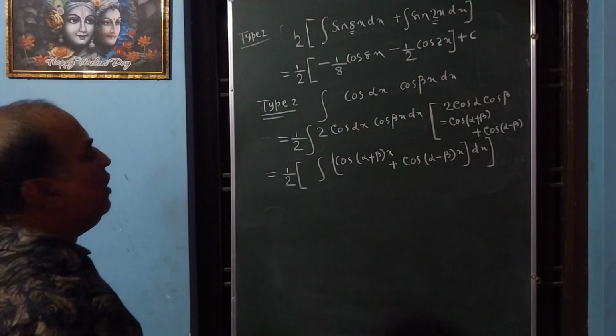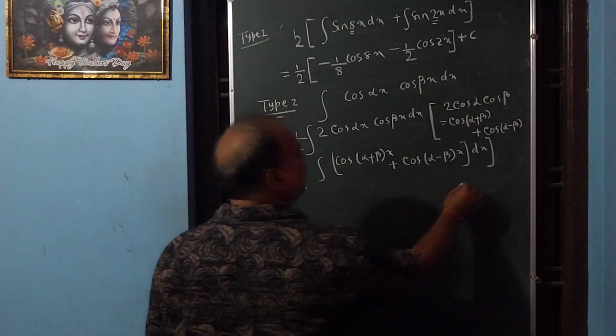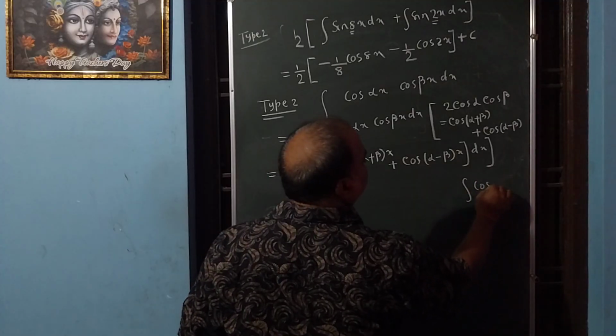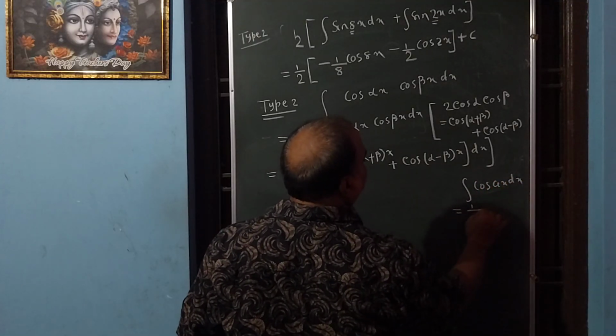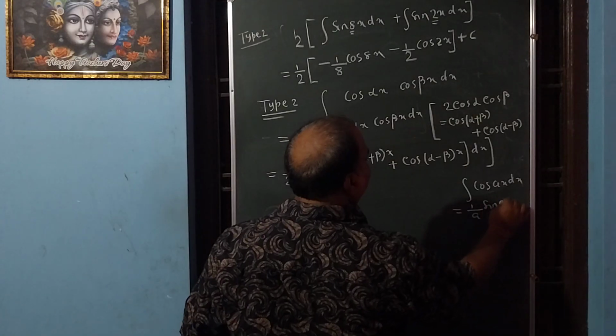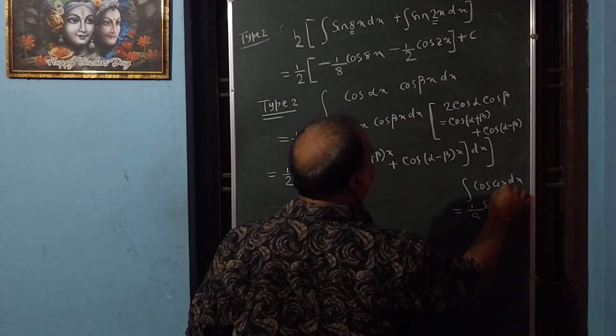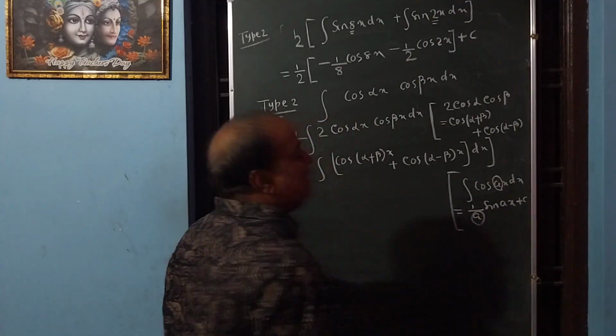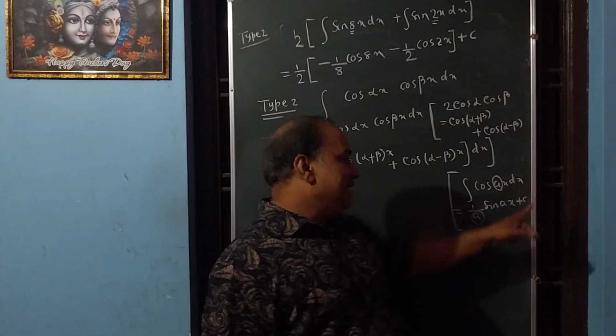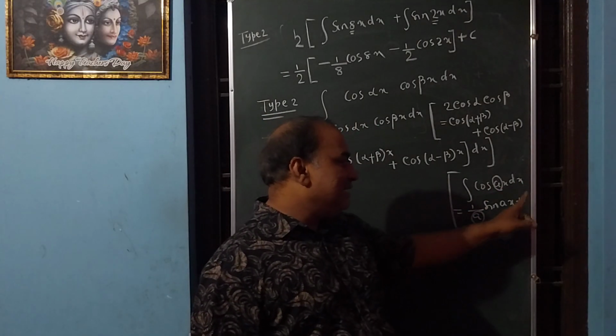Okay, so now we know that integration of cos ax dx is equal to 1 by a sin ax plus c. The coefficient of x is divided here. So this is the formula.